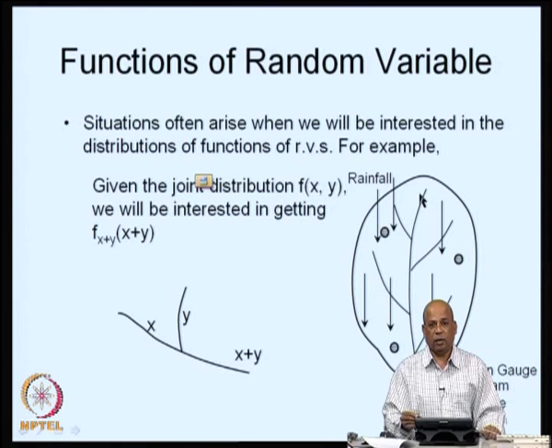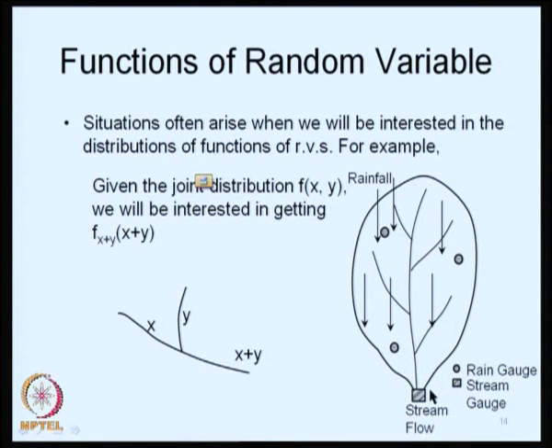Similarly, you look at another example where there is a rainfall occurring in the catchment area, and then there is an associated stream flow here. Now, we may have a functional relationship between the stream flow at this point and the rainfall in the catchment area. Let us say we express this stream flow y as a function of x. Let us say y is equal to x square minus 4 x plus 1 or some such function.